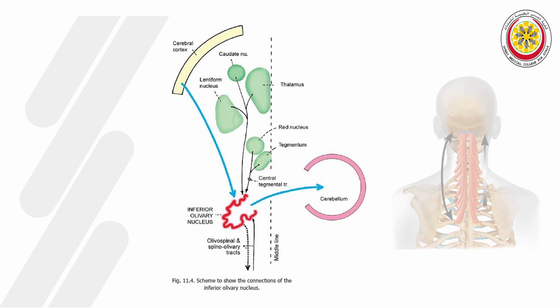This is the cortico-olivary connection. Some people believe that this exists, others do not, but the connections with the other components are proven: the midbrain, the red nucleus, the thalamus, the basal nuclei. There are connections to this inferior olive because it helps in the maintenance of posture.